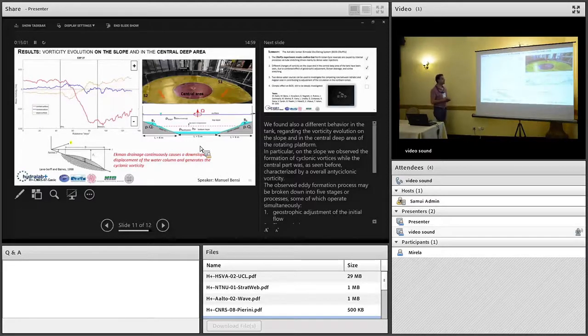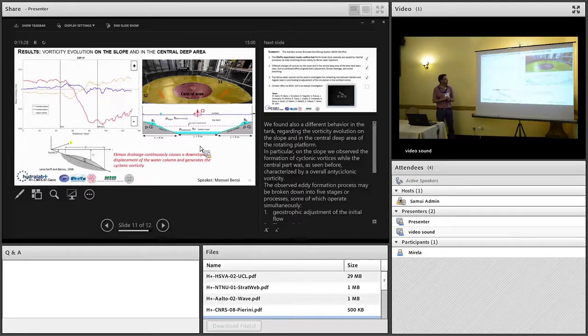And finally, another interesting aspect that I will still deeply analyze is the difference in vorticity that occurred in the central part, where we obtained the reversal from cyclonic to anticyclonic, and on the slope, where instead we observed mainly the generation of cyclonic vortices propagating along the slope.